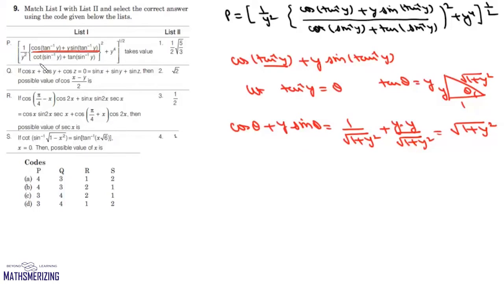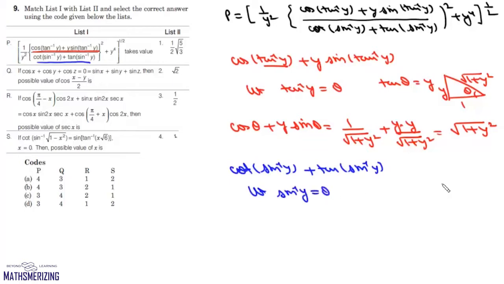Now we'll simplify the expression in the denominator, which is cot of sine inverse y plus tan of sine inverse y. Here we'll let sine inverse y be theta, so we can write sin theta equals y. So this is theta, this is y, this is 1, and this will be under root of 1 minus y square.